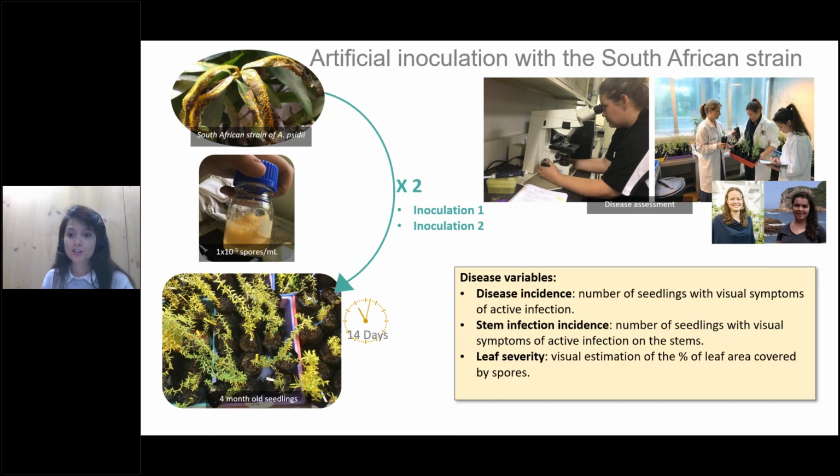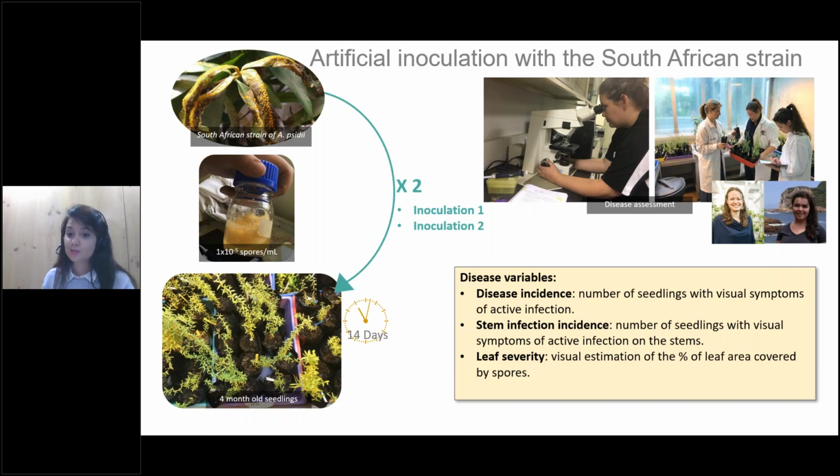The fungal infection was monitored and a final disease assessment was made at 14 days after inoculation. We repeated the inoculation after pruning the seedlings and leaving them enough time to grow new healthy tissue. In the subsequent analysis, I will call them inoculation 1 and inoculation 2.